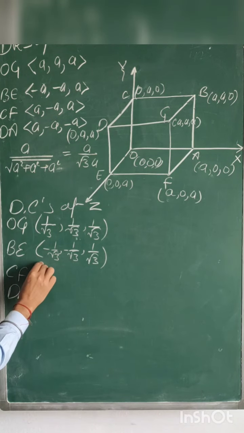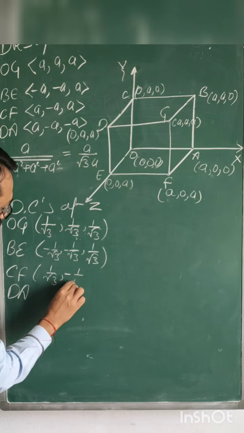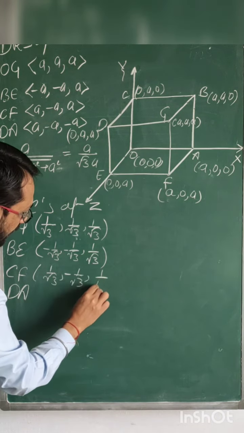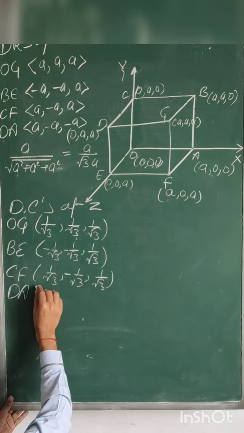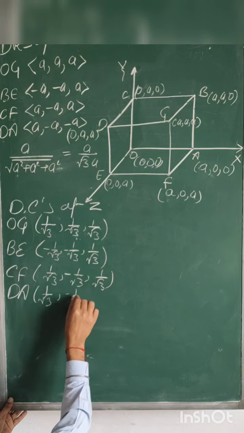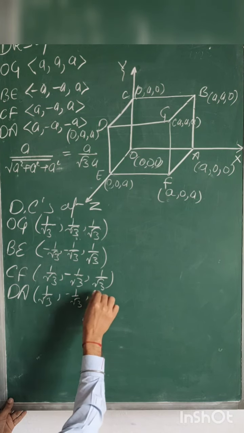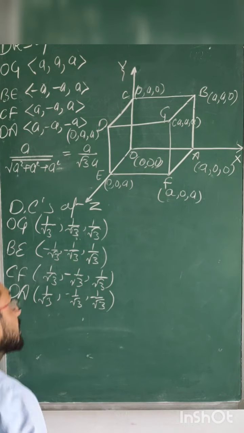CF will be 1 by root 3, minus 1 by root 3, 1 by root 3. Last is 1 by root 3, minus 1 by root 3, 1 by root 3, again negative, sorry. So these are the four.